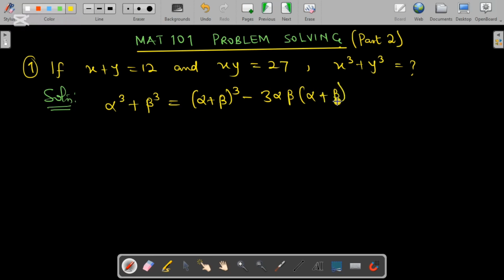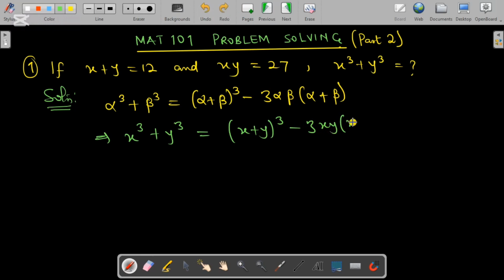You see this, I think, in number 17 or 18. Okay, so if we substitute our alpha and beta as x and y, you get the same x cubed plus y cubed, and on this side it will be x plus y all raised to the power of 3 minus 3 into xy into x plus y.